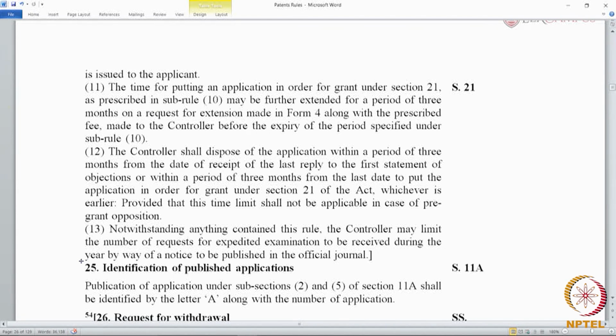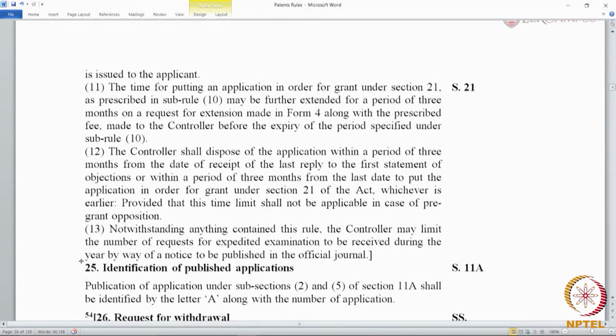In 24B, which is the case of a normal request for examination being filed, there is no mandate to dispose the application within 3 months from the receipt of the last reply, whereas in an expedited examination the controller has been given that mandate.